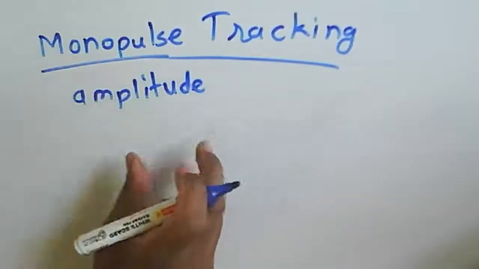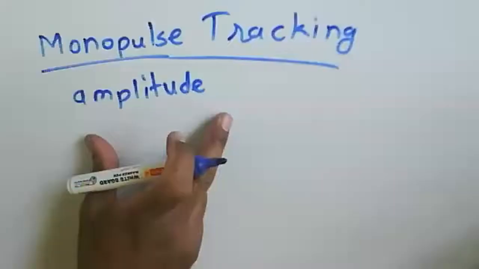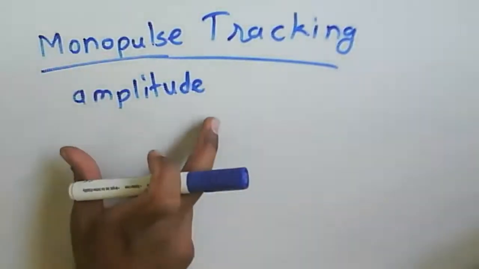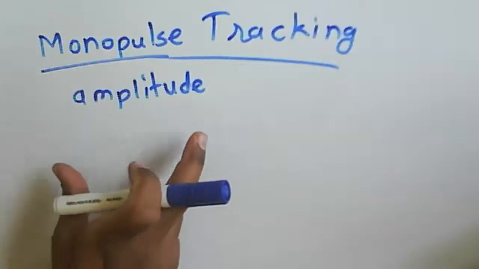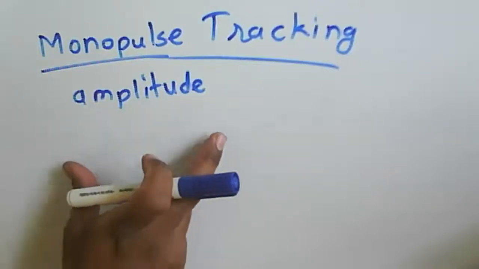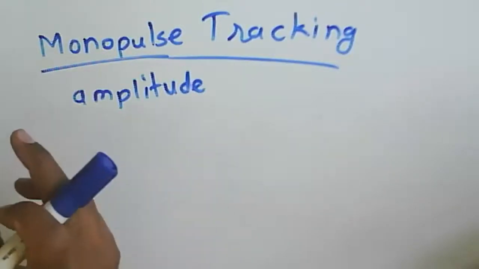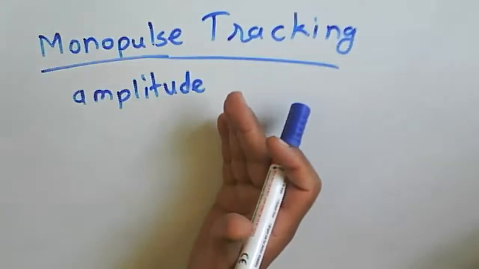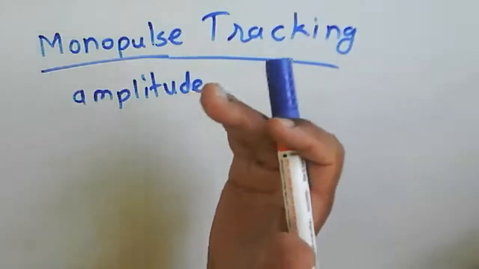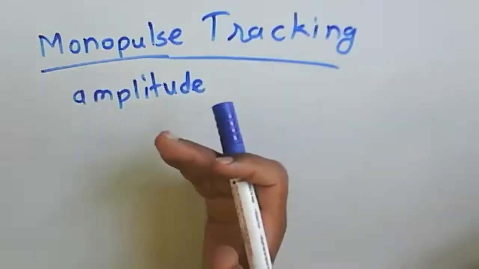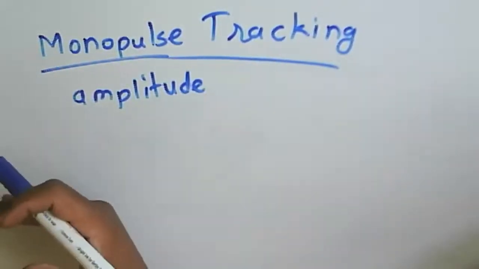So that is the amplitude comparison monopulse, where we are comparing the amplitude of the given monopulse. Through this comparison we get multiple beam patterns, because we send the pulse and get the echo, and we need to find the beam pattern formula.